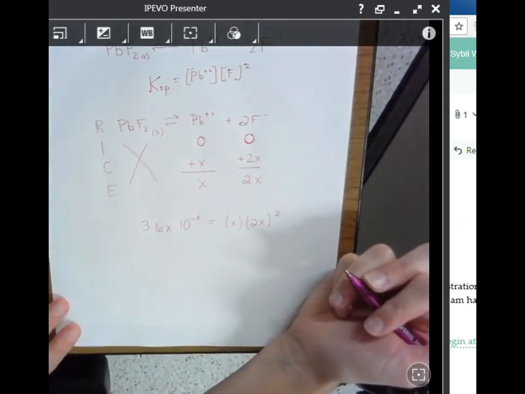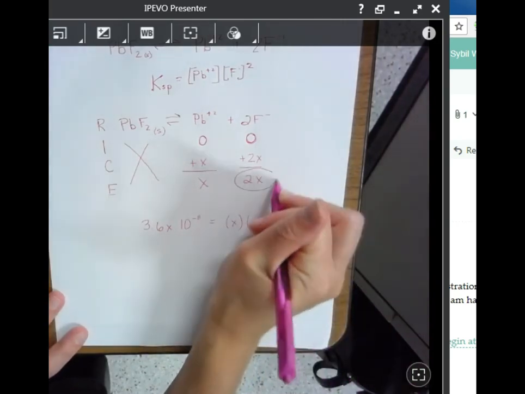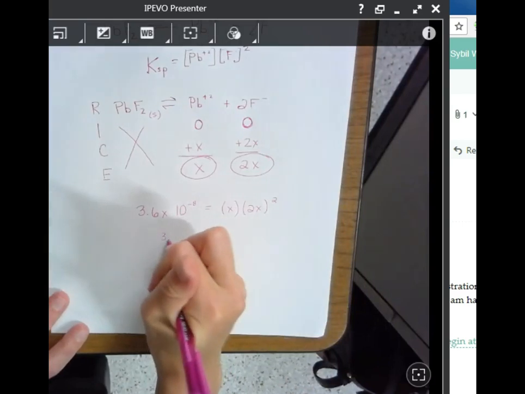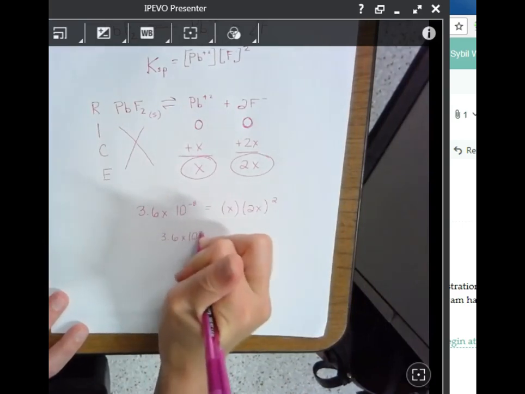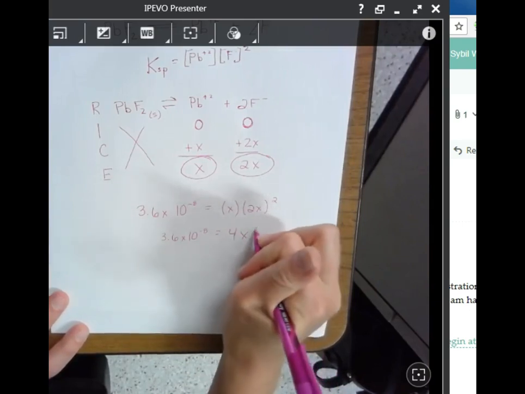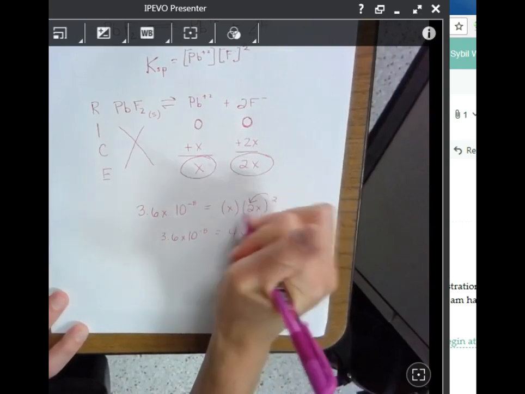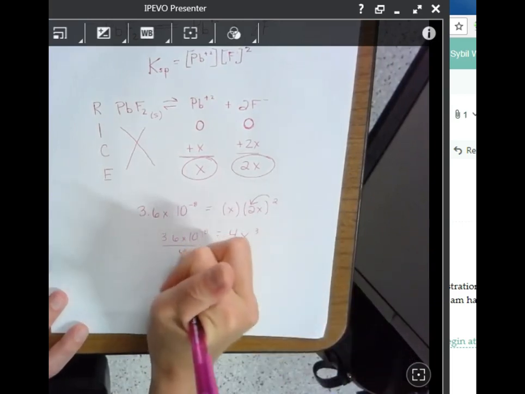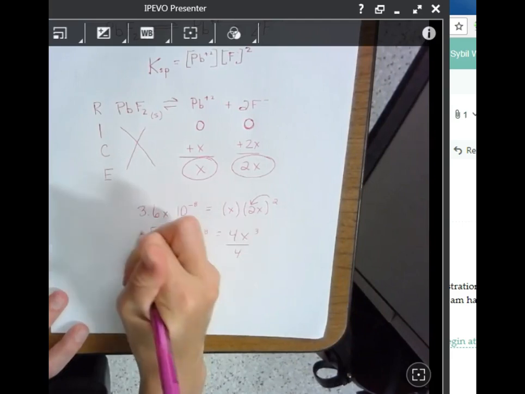Our goal here is to find the molar concentration of these ions, so we're looking for these values. Okay, so 3.6 times 10 to the negative 8 equals 4x cubed. You've got to remember to square your 2, and then that's x squared, and x makes x cubed. So divide by 4, and then take the cube root.